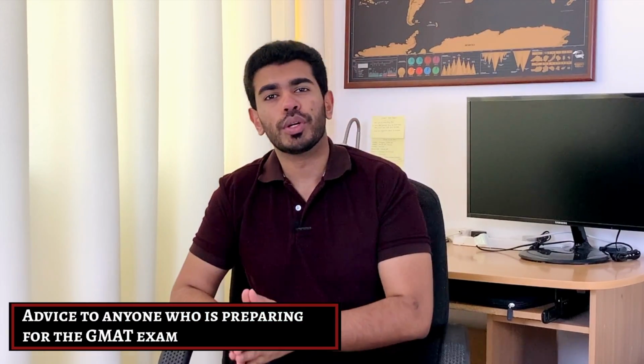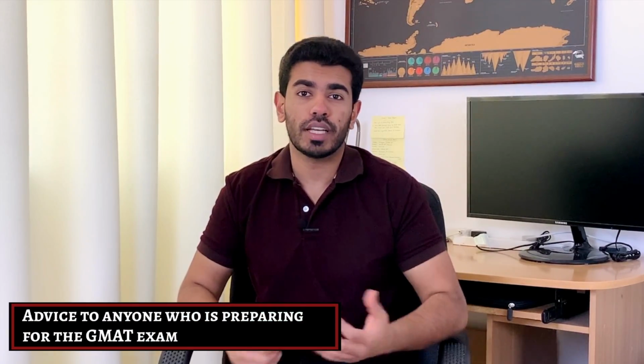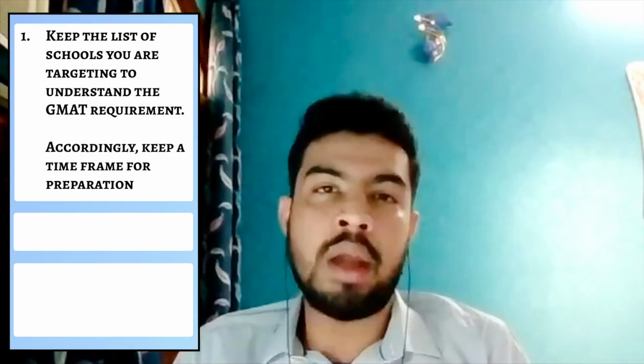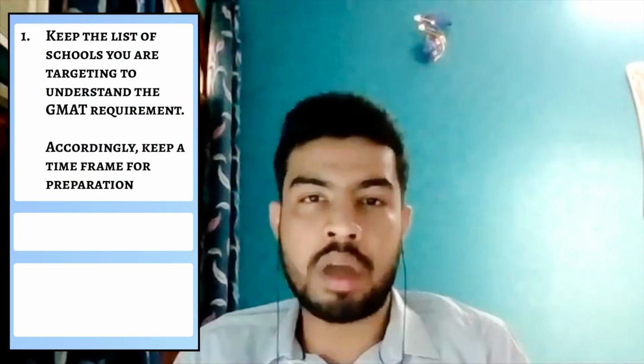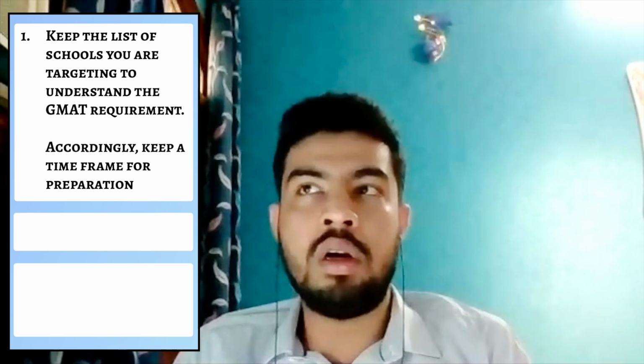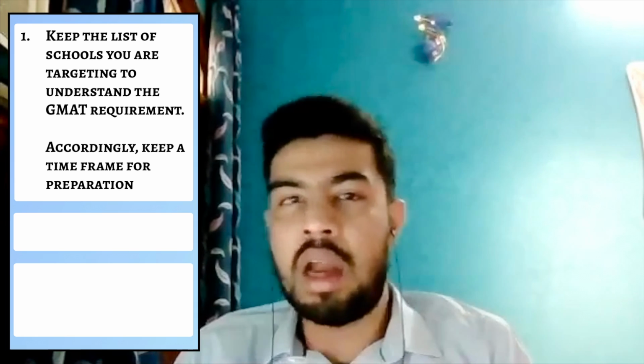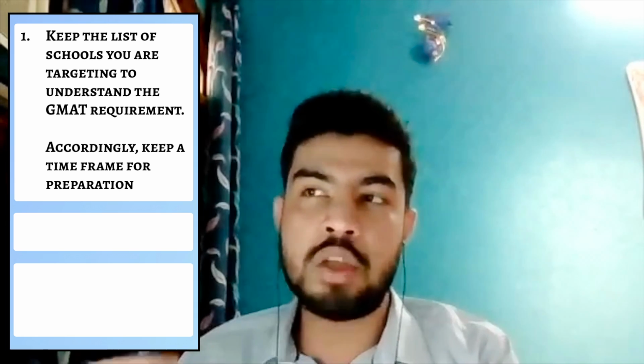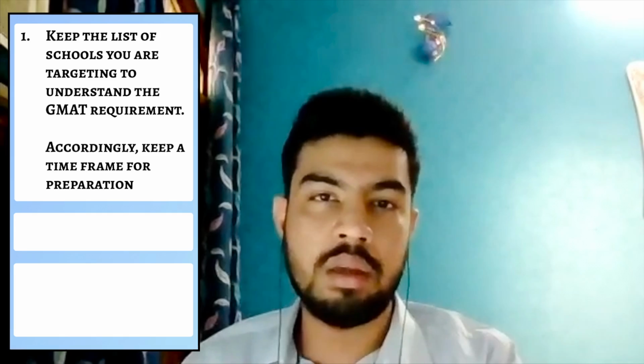Now, what advice would you give to anyone who is preparing for the GMAT exam? The first thing you should keep in mind is the schools you are targeting. For example, if I want to go for a top school in the US and I'm an Indian, my score has to be above 730.